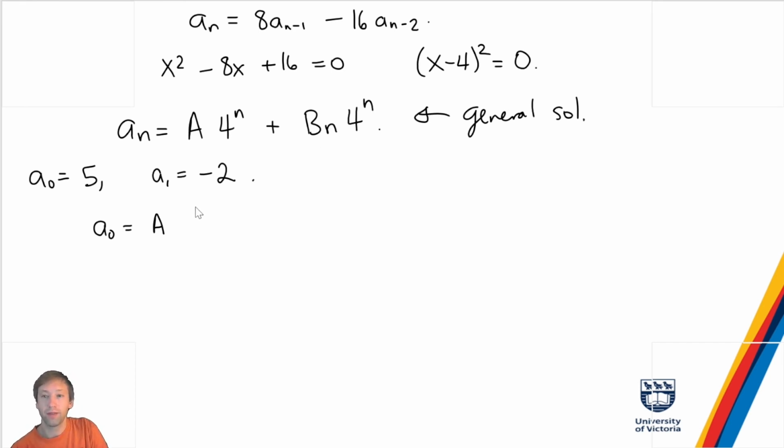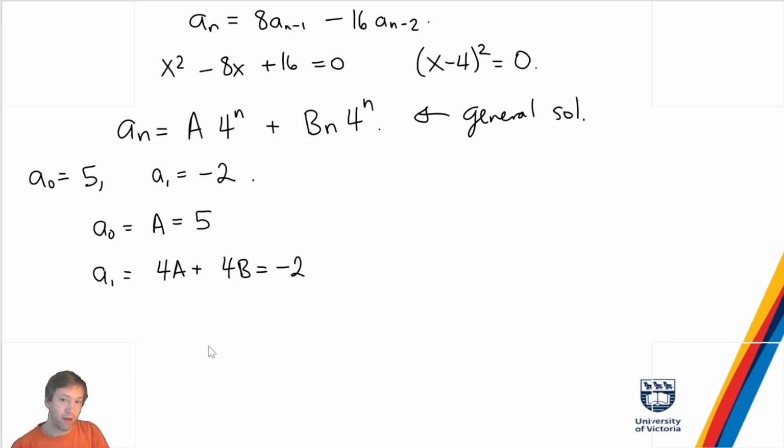So it's just a is equal to 5, and that gives you the value of a. For a1, we've got 4 times a plus, if I plug in 1 for n, b times 1 times 4, so it's 4 times b, and the total is negative 2.